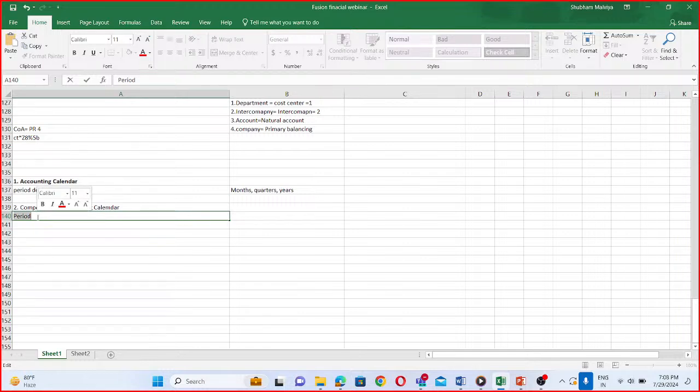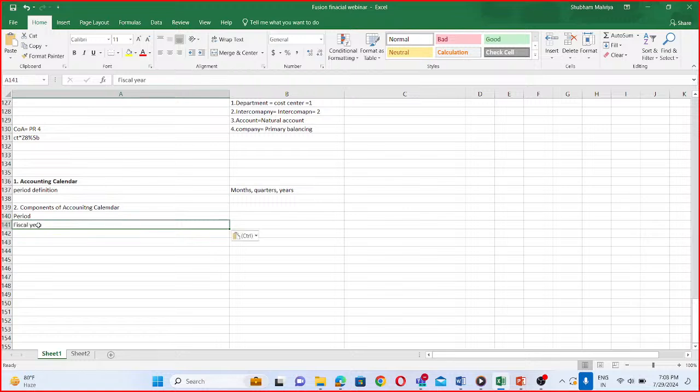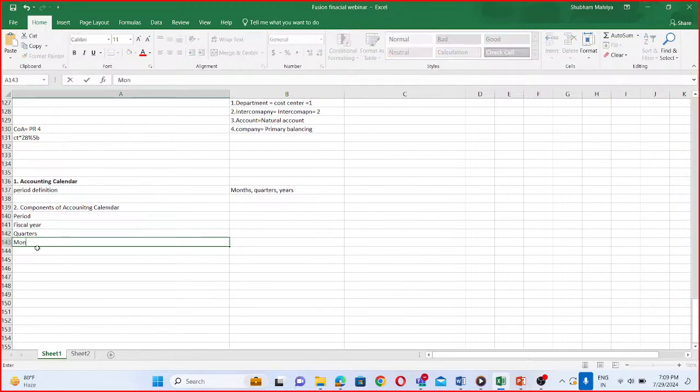Period is divided into fiscal year, quarters, and months.